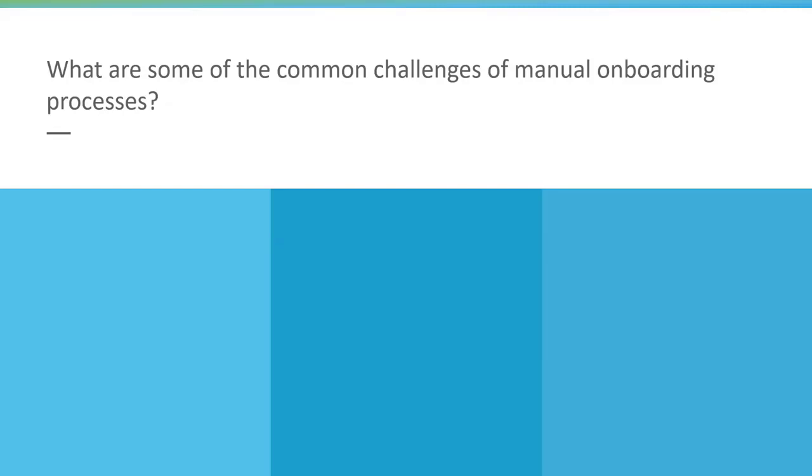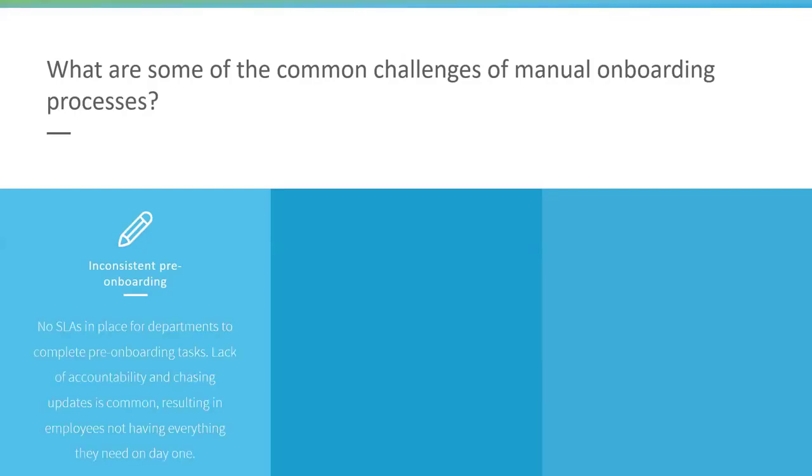Starting from this picture, imagine that any inconsistencies in the process will affect the new hire integration. And this is a big challenge, especially of manual onboarding processes: some inconsistencies, errors, or delays within this process will affect the new hire integration.